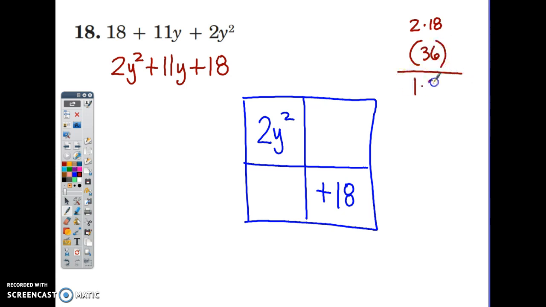They were 1 times 36, 2 times 18, 3 times 12, 4 times 9, and 6 times 6. It was in problem number 4. Okay? You can use the same factors. Úsenlos otra vez. Which one of those gives you a sum or a difference of 11? Sum or a difference of 11.